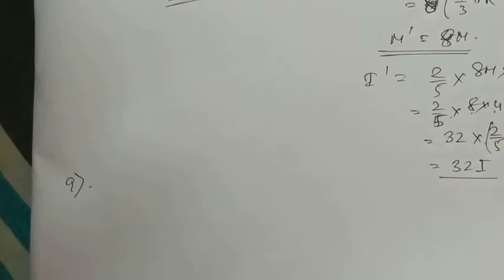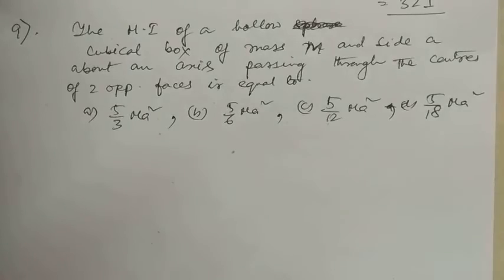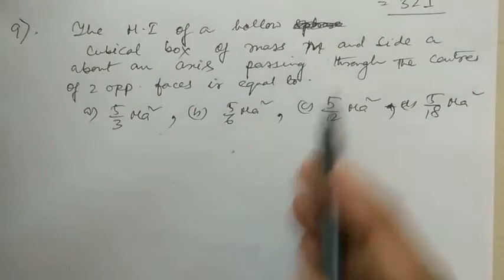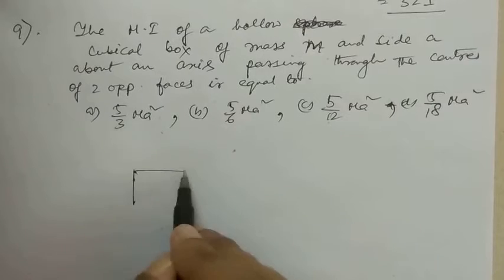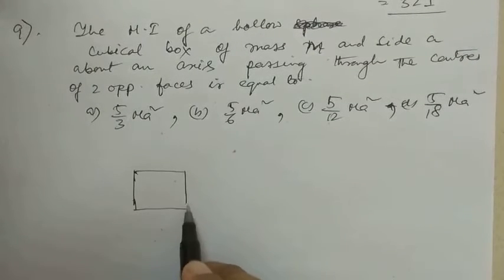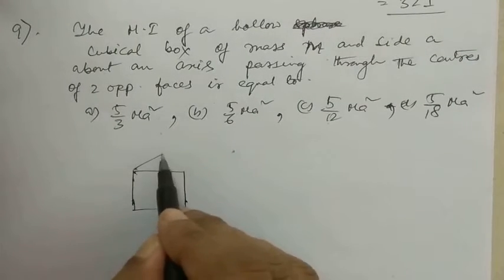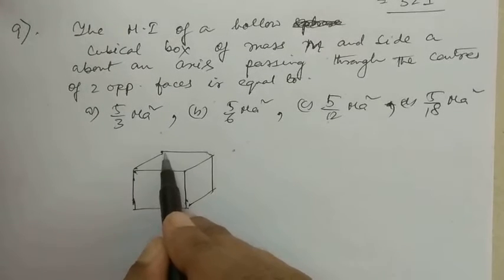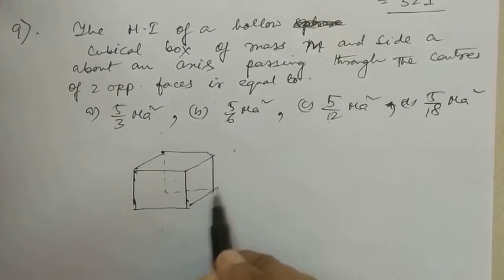Problem number 9. The ninth problem: the moment of inertia of a hollow cubical box of mass m. Now this is a hollow cubical box. Trying to draw a hollow cubical box. These are the faces of the box, internal faces.